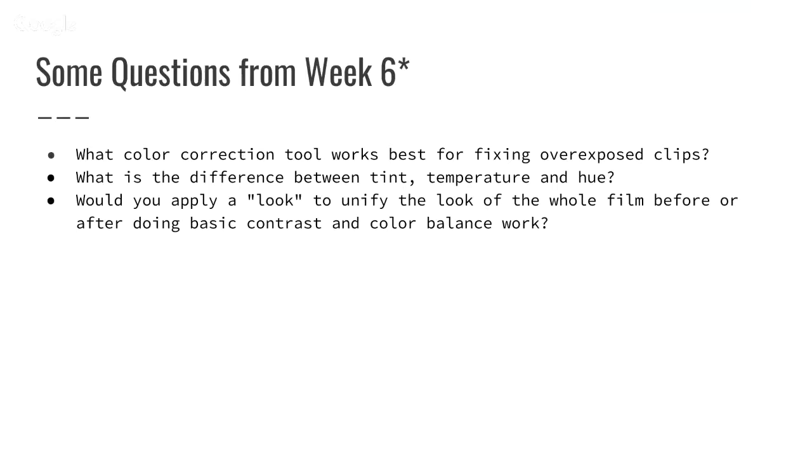Would you apply a look to unify the look of a whole film before or after doing basic contrast and color balance work? This is almost universally what you would do after. Looks are something that you apply once you've done basic exposure correction and any color correction that is color cast related, meaning wrong color temperature, or an unwanted mixed lighting environment where you've got some daylight and some tungsten, or some fluorescent and some tungsten.